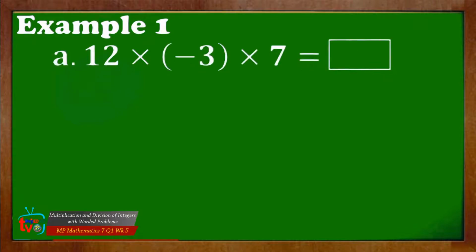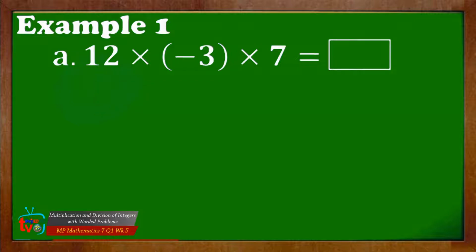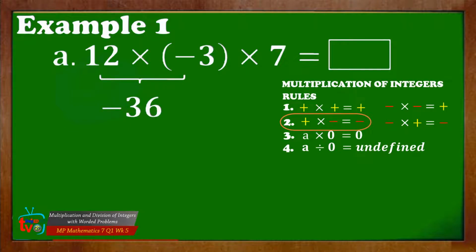Example 1. What is 12 times negative 3 times 7? You can start multiplying from left to right or right to left. If we multiply first 12 and negative 3, the product will be negative 36. This is rule number 2, wherein positive times negative is negative.